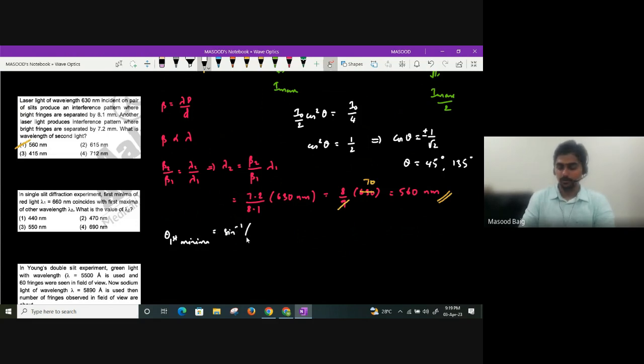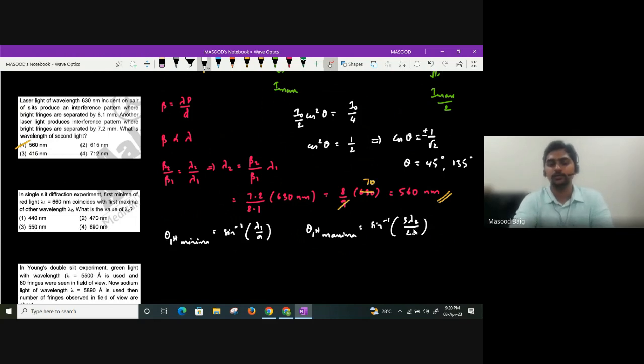Sine inverse of lambda 1 divided by a, when I'm using one light. What is the angular position of first maxima? I'm using the second light. Can I write it as sine inverse of 3 lambda 2 divided by 2a?